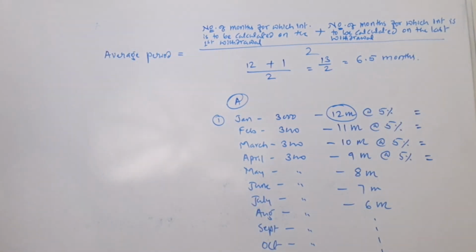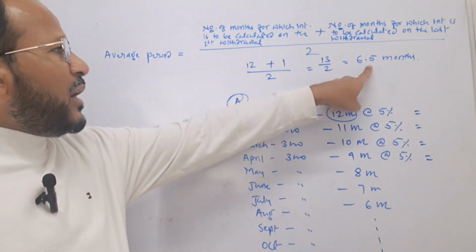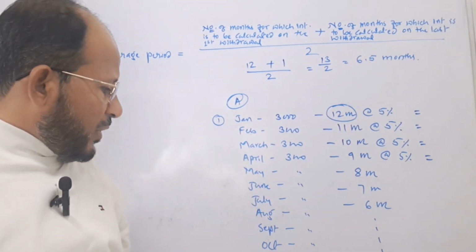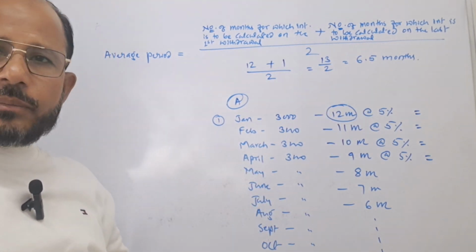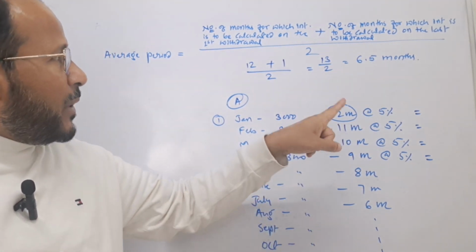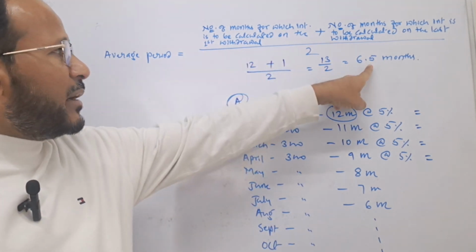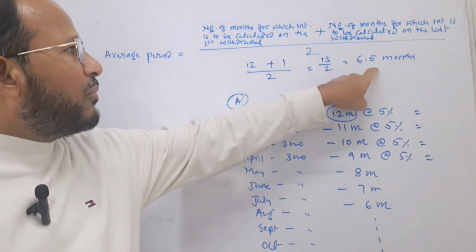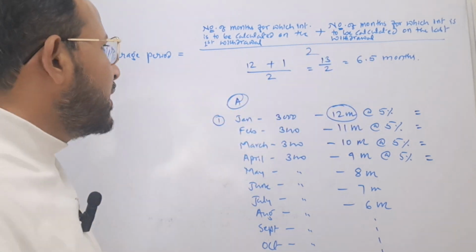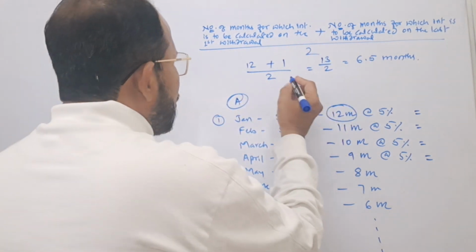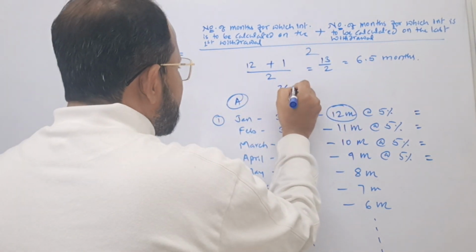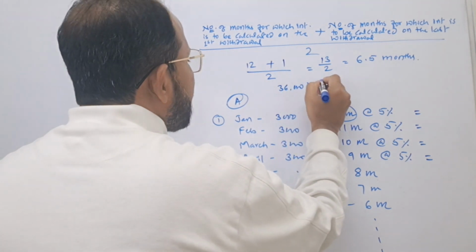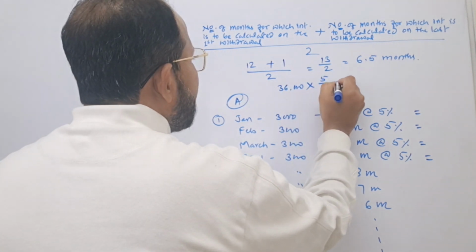6.5 months. Here what is to be done? 6.5 months in the sense, for the total amount withdrawn by the partner, we apply the given percentage and calculate the interest for 6.5 months. That is why here, how do we write this one? 36,000 into 5%, assume the rate of interest.